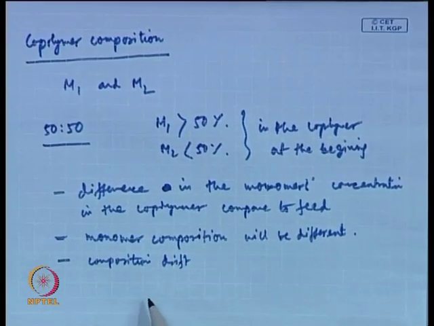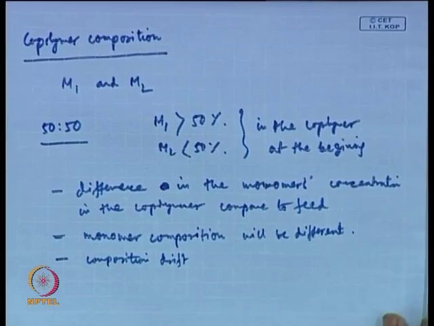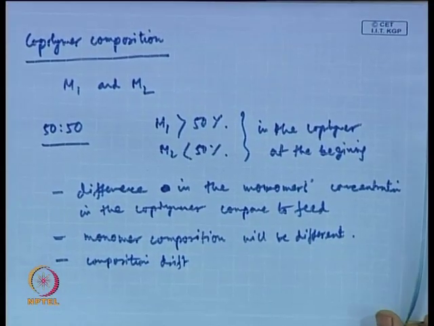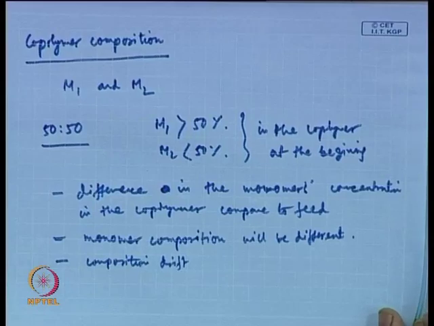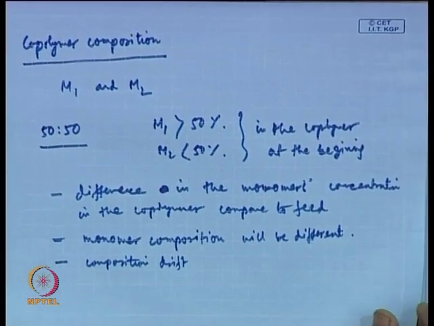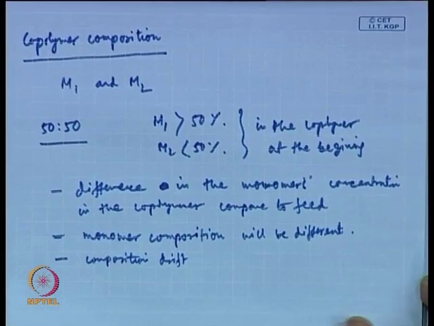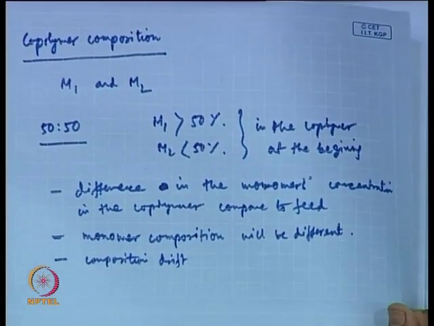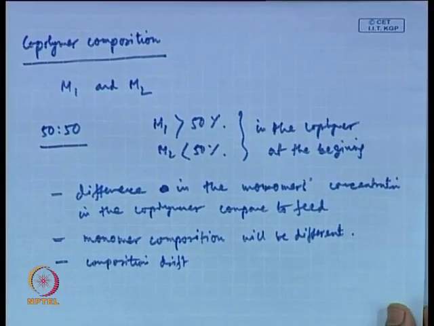Now, to predict the composition of the copolymer, you can look at the polymerization rate of the individual homopolymers.